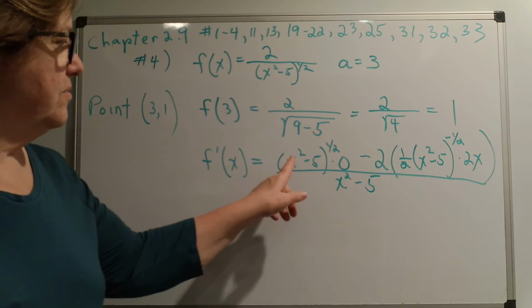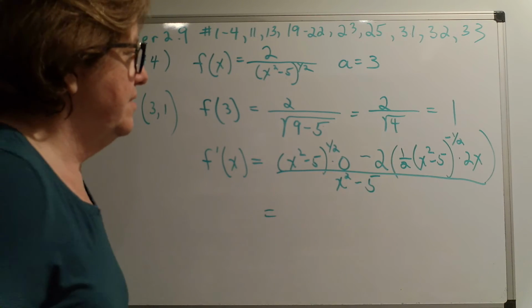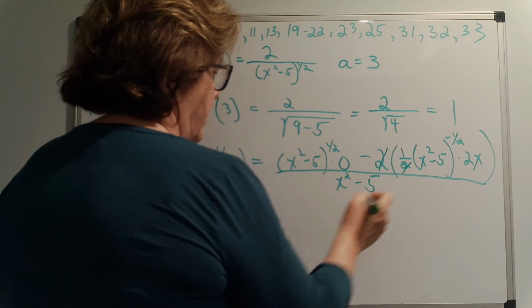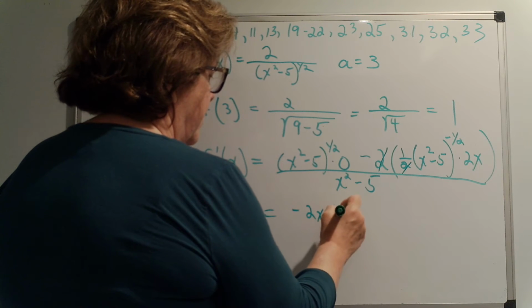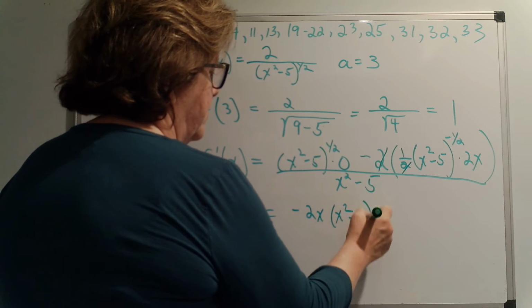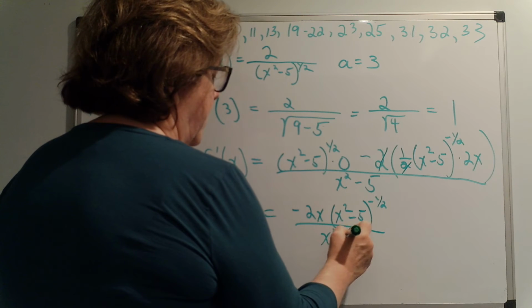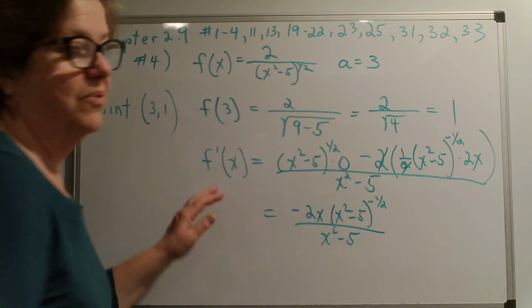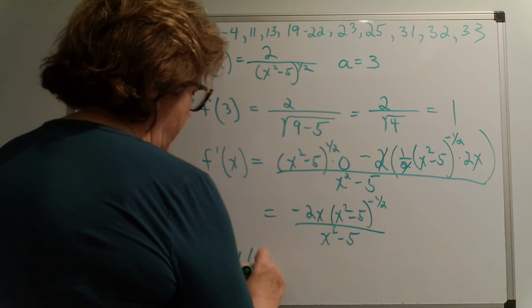Okay, so anything times 0 is just 0. This 2 and this 2 can cancel out. So we're going to have negative 2x times x squared minus 5 to the negative 1/2 over x squared minus 5. Let's not simplify. Let's just go ahead and put in a 3.